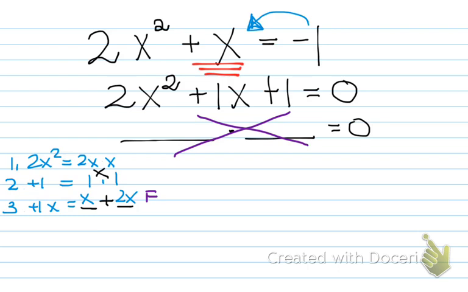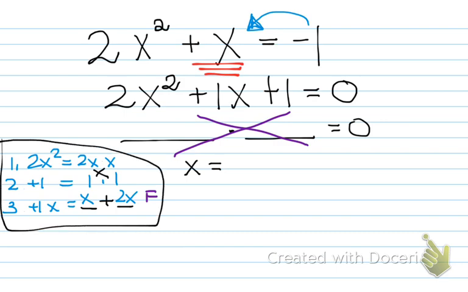Now to find the x, we simply use a formula. This formula can only be used when the equation equals 0. And we typically use it when you can't get all three of these steps to be true. So you use this formula if it can't be true.